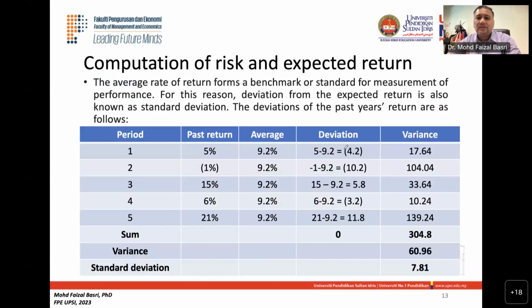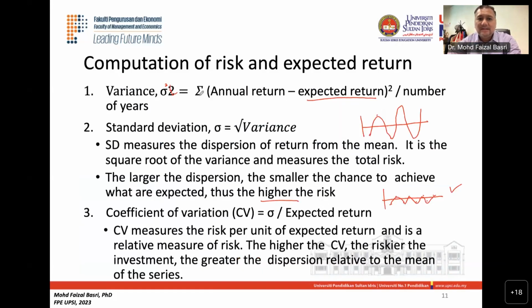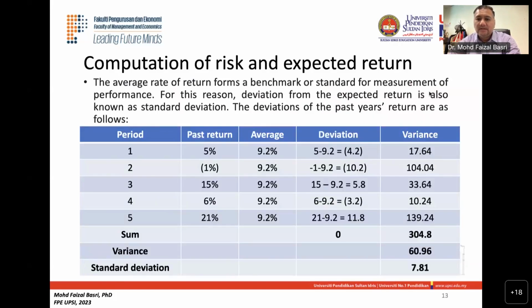So this is how we measure. Number one, the variance, and then the standard deviation. If you recall the formula just now, it's the sum of the difference of each return minus the average return, squared, and then we divide by 4. So for year number 1, the return is 5%.